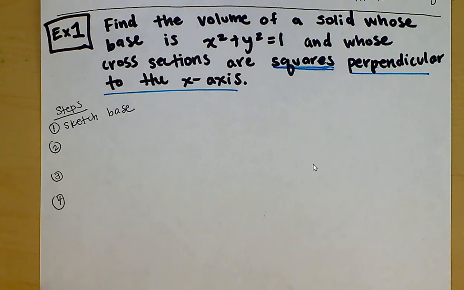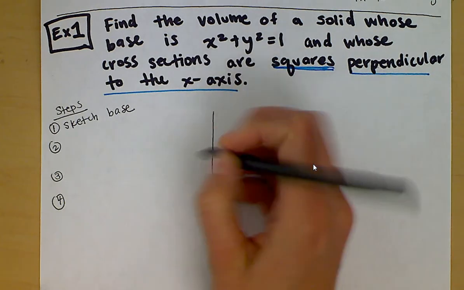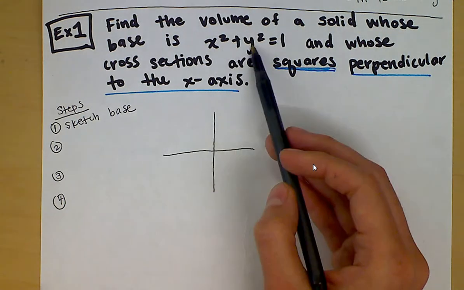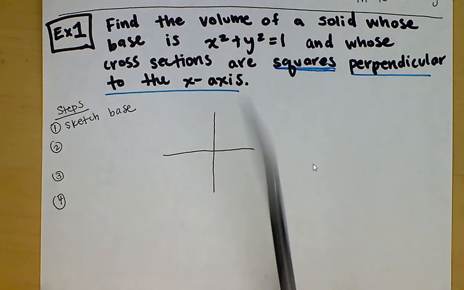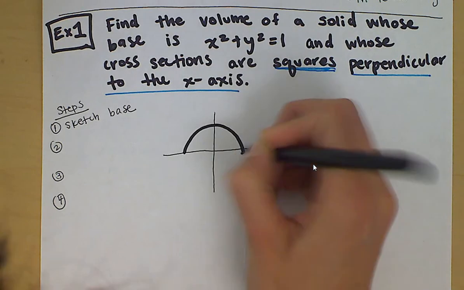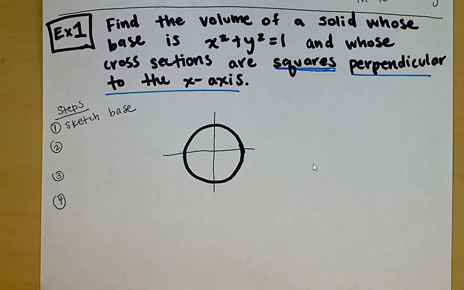This one's pretty easy. This equation, x squared plus y squared equals 1, should jump right out at you. This is just a circle. It's the unit circle, with a radius of 1.